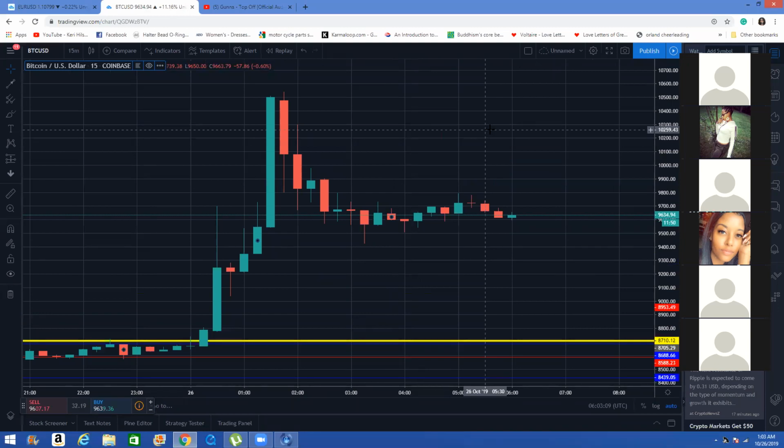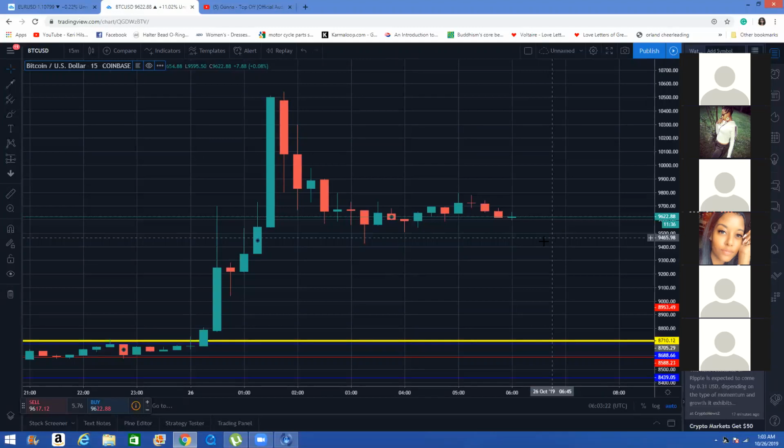15-minute time frame, right? There goes my entry. So what time did this candle form if we're doing a 15-minute time frame? 12:45.